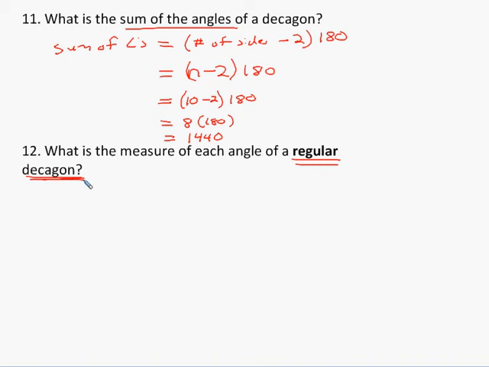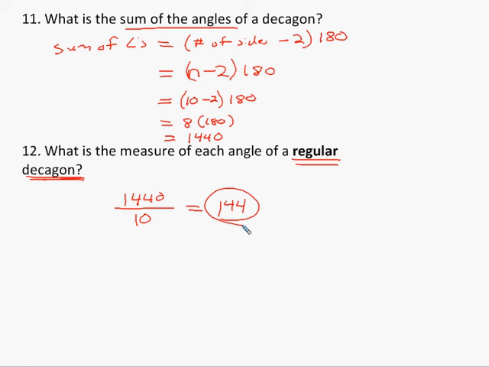If the angles add up to 1,440 total, all we have to do is divide 1,440 by the number of sides. That's just an easy division problem. 1,440 divided by 10 is 144. So the answer to that one is 144.